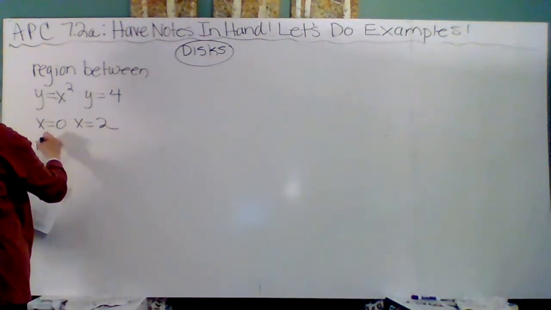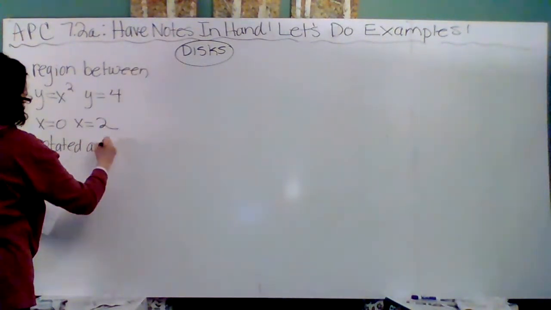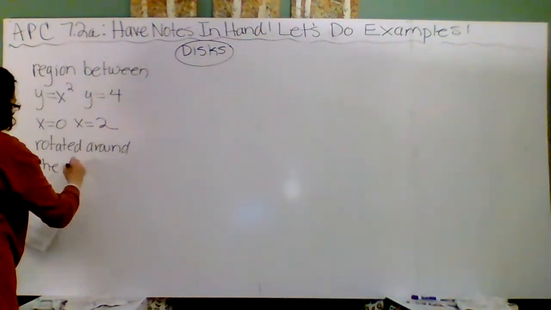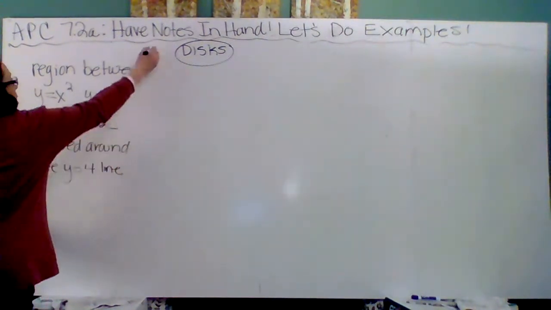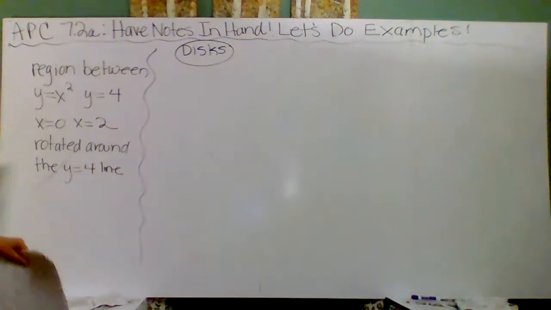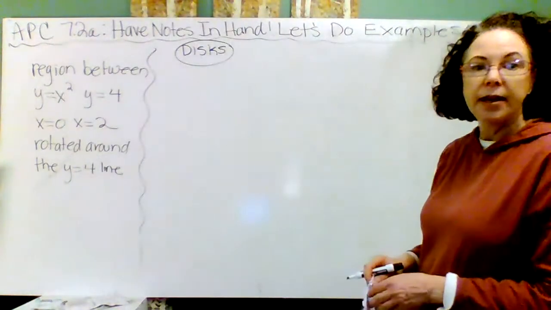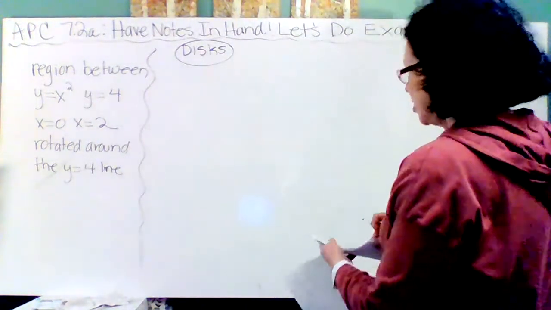This region is going to be rotated around the y equals 4 line. What if your axis of rotation is not the x or y axis? This means we have to take the y equals 4 into consideration here.